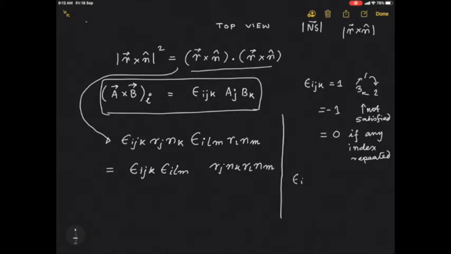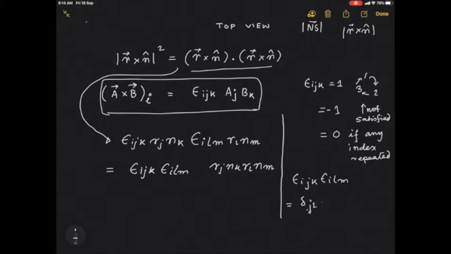Now epsilon has certain properties, and this you can prove just by checking the combinations. If I have epsilon ijk epsilon ilm, the first index is common, and the second and the third indices are different.